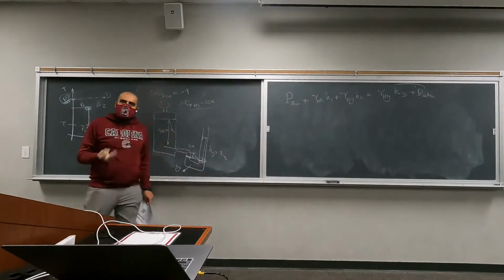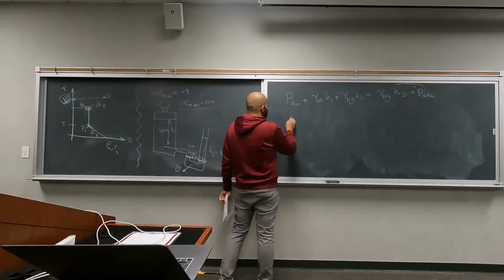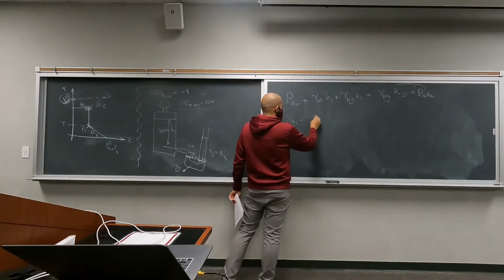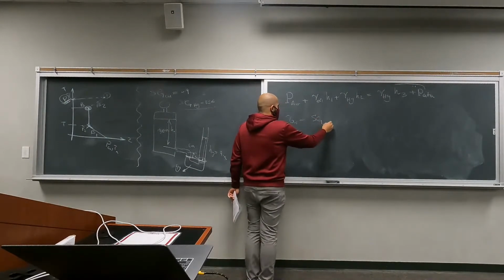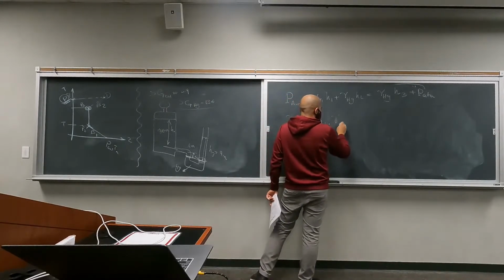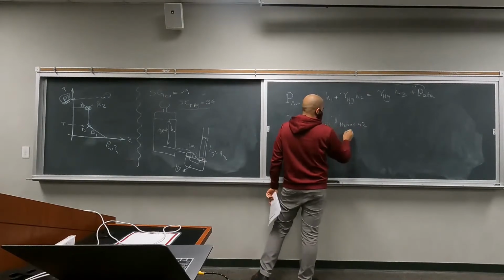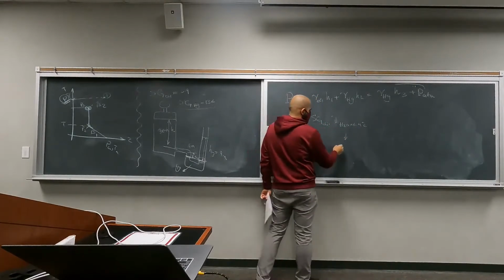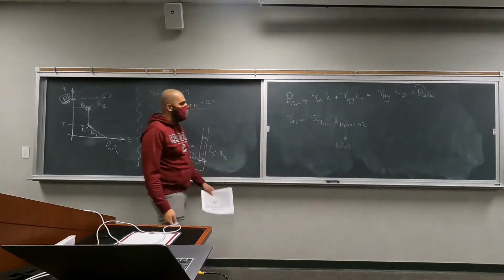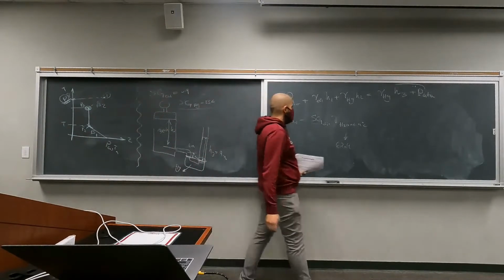But do we have any of the gammas? No. How should we calculate gammas? Gamma of oil is the specific gravity of oil multiplied by gamma of water at 4 degrees, which in British units is 62.4. And we have the specific gravity, so we should be able to find it.